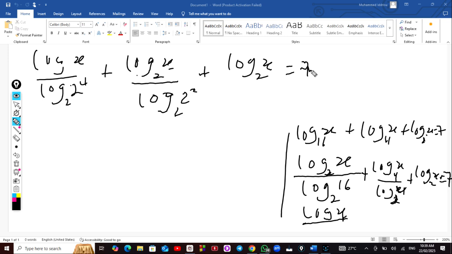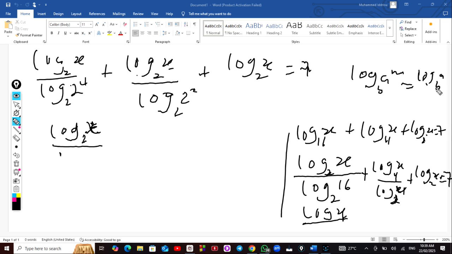So this gives you logarithm of x base 2 over, so we know that if we have logarithm of a to the power m base b, it is equal to m times logarithm of a base b. We just bring the m down.